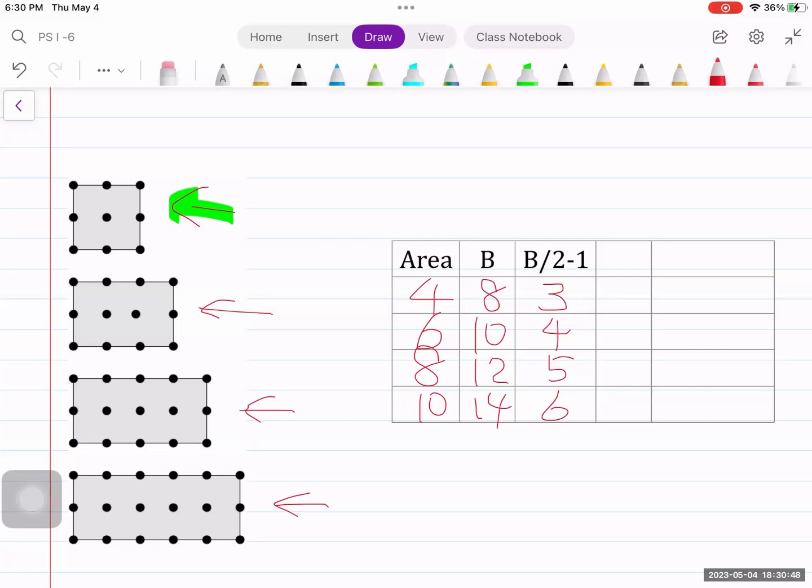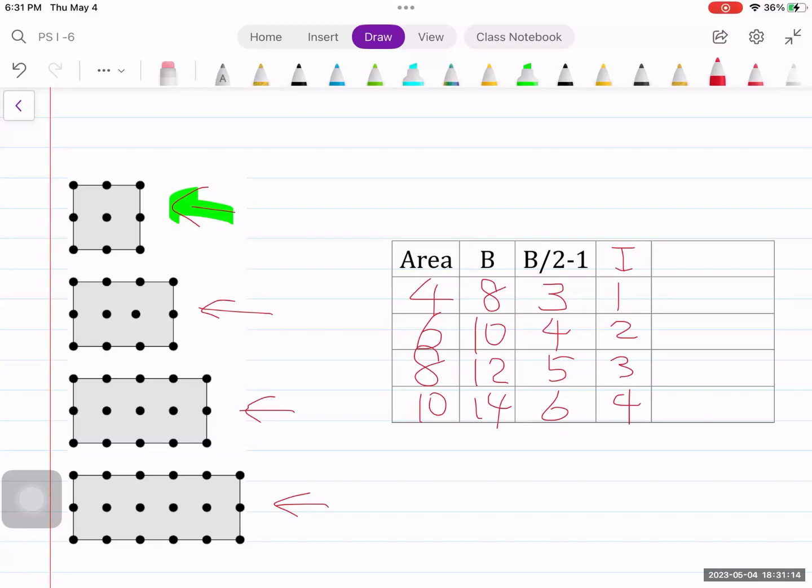So I don't get what we're doing. You have to include the inside points too. B is actually 9. 9 divided by 2 minus 1 equals 4. Let's look at the points inside of this boundary, right? So we have 1 point, 2 points, 3 points, and 4 points. Okay? Now what do we do?